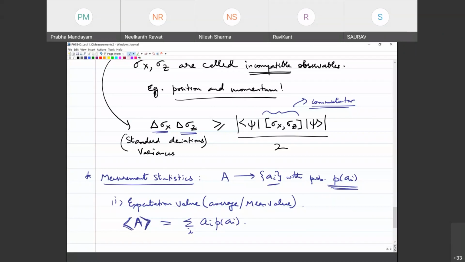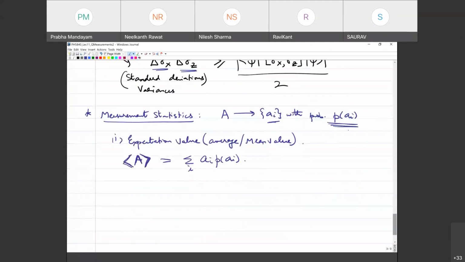But now we know that this probability is associated with the state. As we just saw, depending on whether I'm in ket 0 or ket 1 or ket plus or ket minus, this probability distribution can change. In one case, it's a delta distribution. In another case, it's a uniform distribution. So it depends on the state. How do I now relate this back to the state?